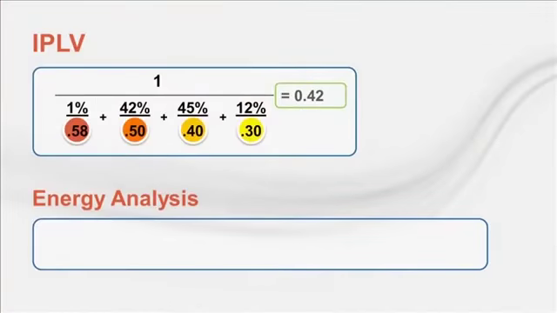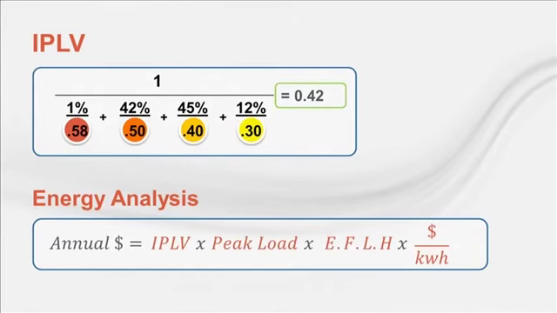As for using IPLV or NPLV in an energy analysis, it's just as simple as equivalent full load hours. You take the same equation used for equivalent full load hours, but you substitute the IPLV value for the full load kW per ton. The thought here is that you use the IPLV instead of full load because your chiller plant is not always at full load. So, is IPLV a step up from equivalent full load hours? Probably.